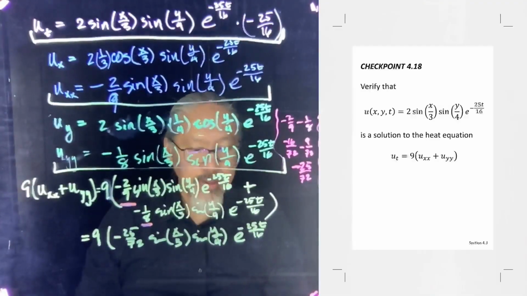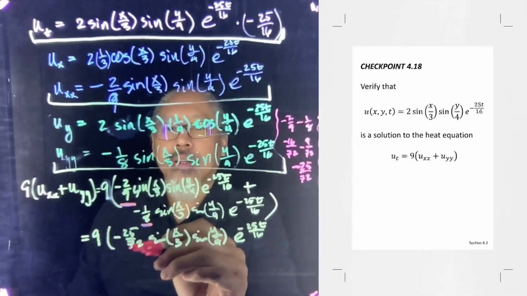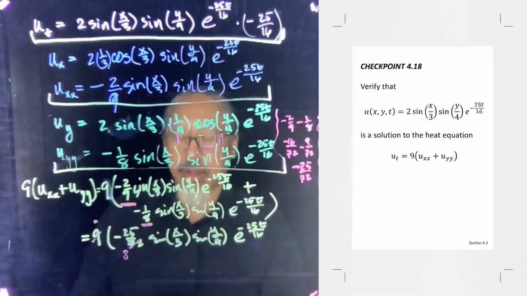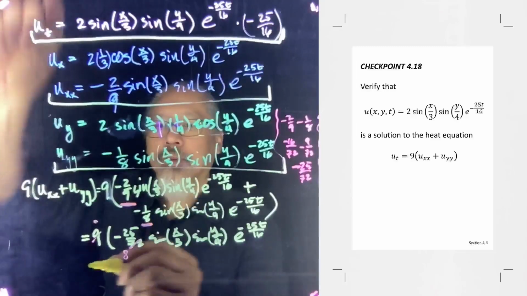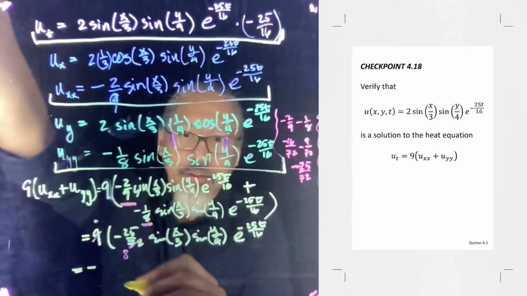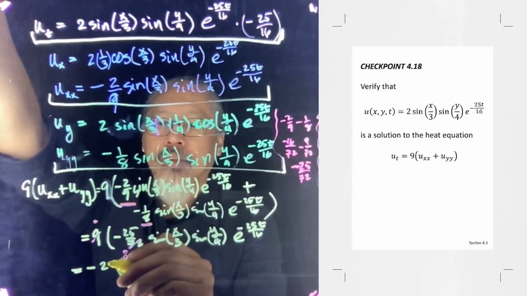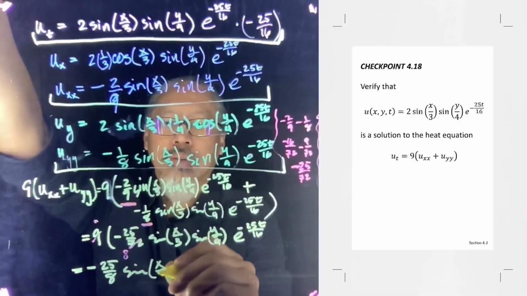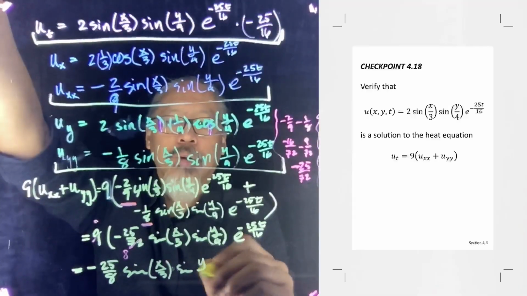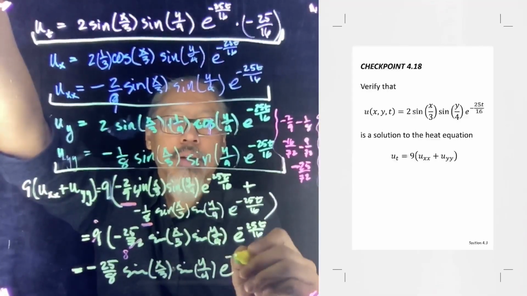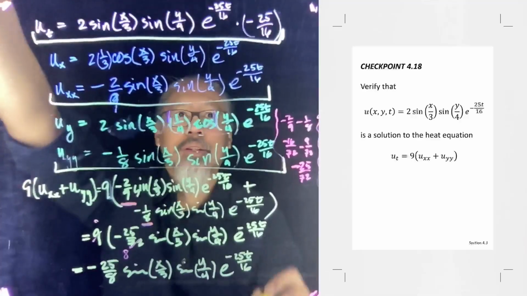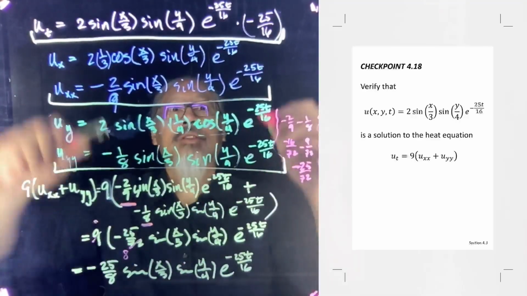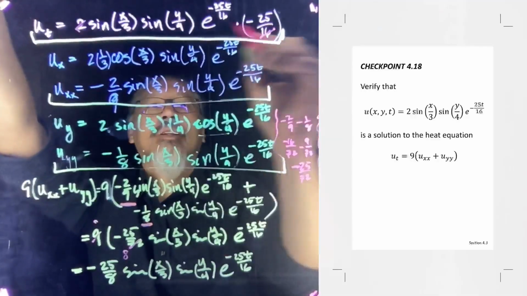Okay, this is getting closer. The 72s cancel, and that leaves us with an 8 in the denominator and a negative. So let's write that one more time. This is negative 25 over 8, and we have sine x over 3 sine y over 4 e to the negative 25t over 16. Now let's compare that. We didn't simplify this earlier, but we probably should have, because we would have canceled this and gotten an 8.